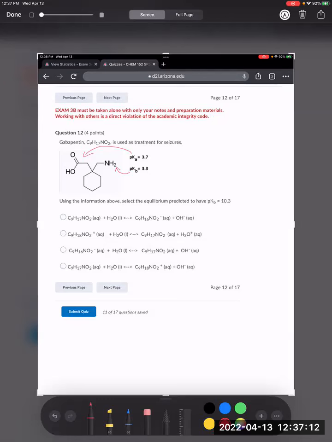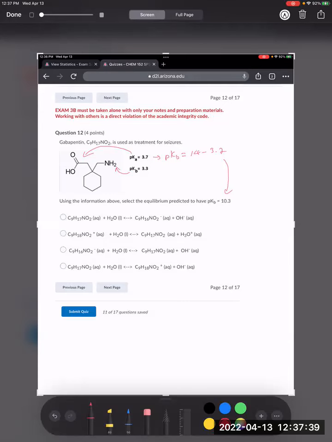So we must be referring to the conjugate base of the COOH group, because the pKb of the conjugate base must be 14 minus 3.7, which is 10.3.